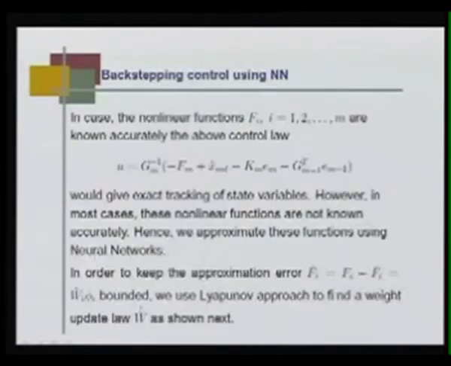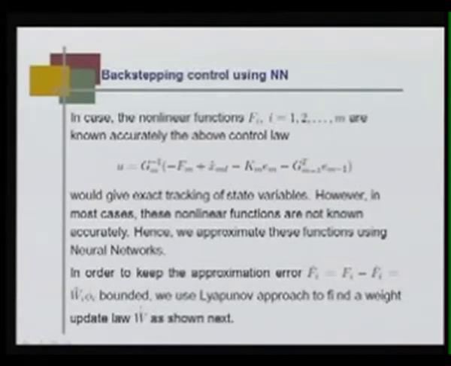Like that. In case the nonlinear functions fi are known accurately, the above control law would give exact tracking of state variables. However, in most cases these nonlinear functions are not known accurately, hence we approximate them using neural networks.